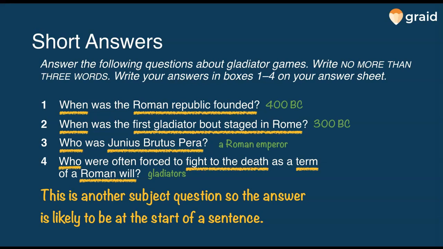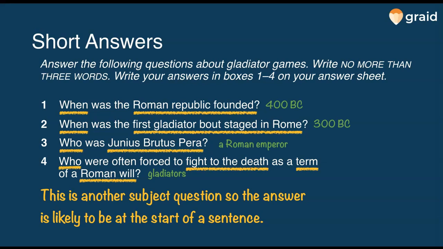According to the myth, Rome was founded on 21 April 753 BC. However, it wasn't until nearly 500 years later when the first known gladiator bout in Rome took place in 264 BC.